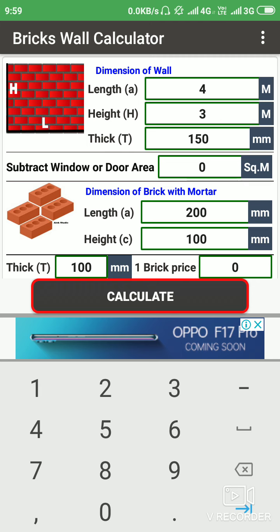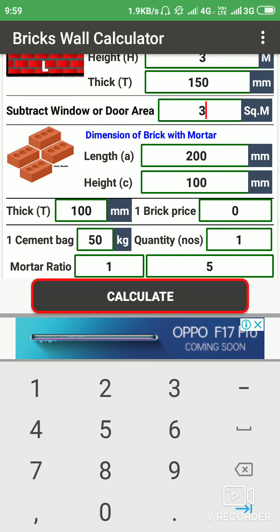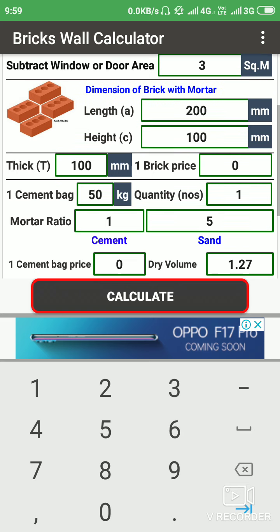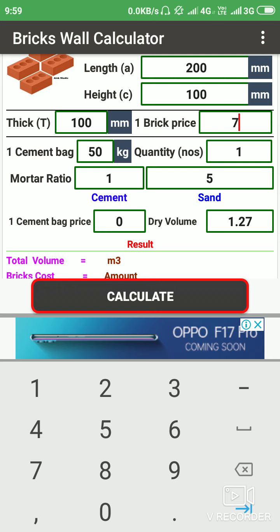So approximately the addition of door and window area subtracted is 3 square meters. Length and height of brick with mortar is considered 200 and 100 mm. Thickness is 100 mm, and one brick price is considered 7 rupees as per Indian standards.